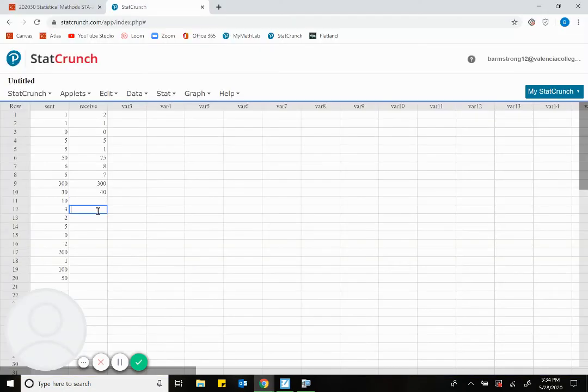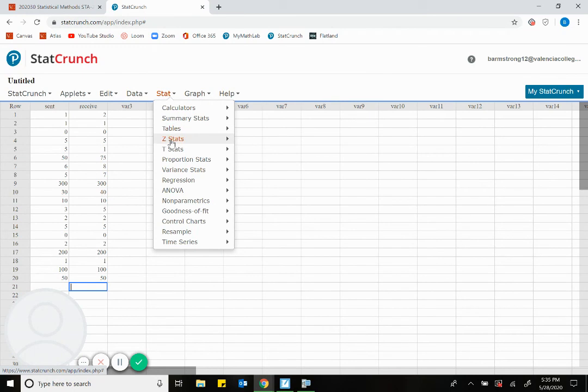So this guy is a 5 and everybody else matches the one that's beside them. 2, 5, 0, 2, 200, 1, 150. And then so now we can go into stat.